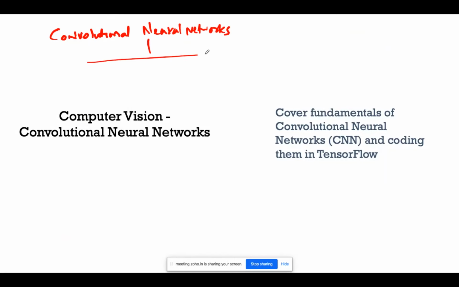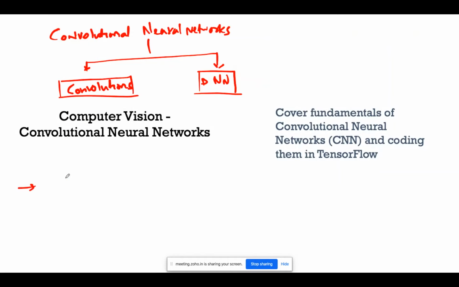These have two parts: one is the convolutional part, and another one is the neural network, the DNN. These are the two parts. The convolutional part has different stages.